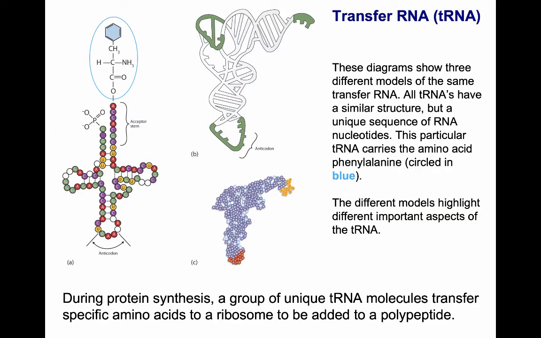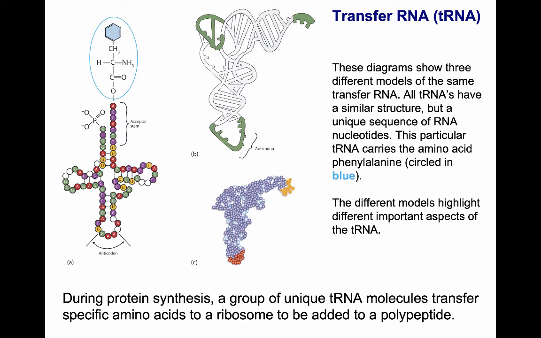Third category of RNAs, super important, crazy cool, transfer RNAs, tRNAs. And tRNAs are responsible for delivering the amino acids to the site where proteins are being built. Recall that a protein is made of amino acids.